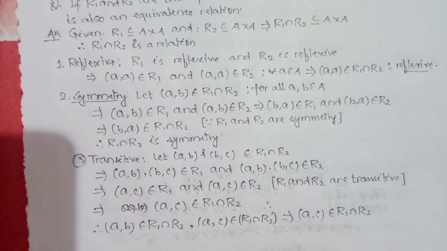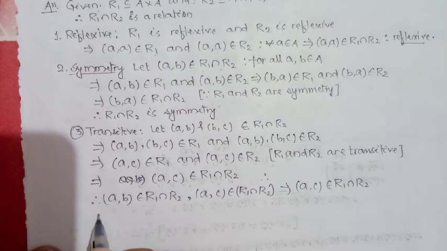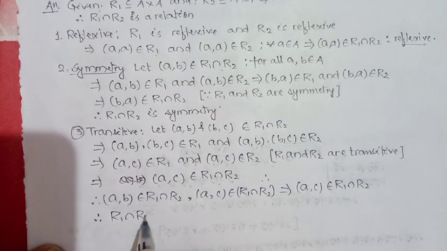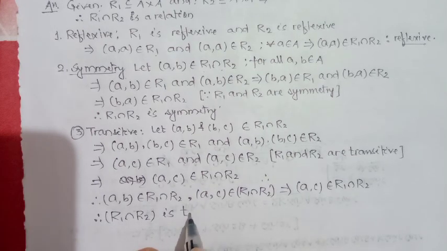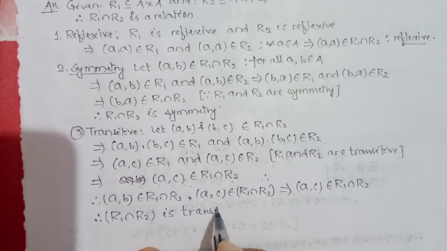So we may write that R1 intersection R2 is transitive.